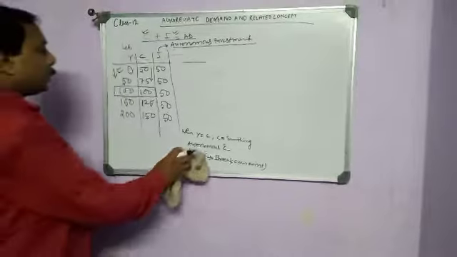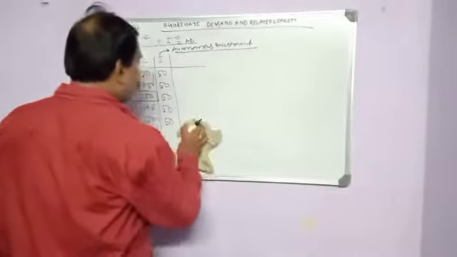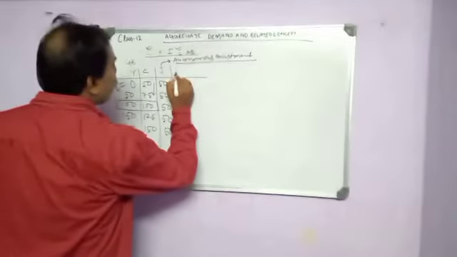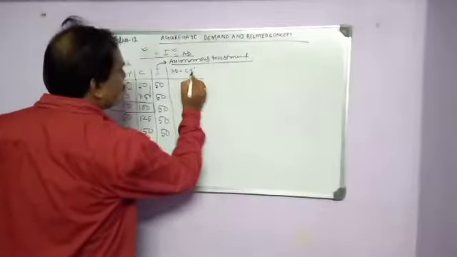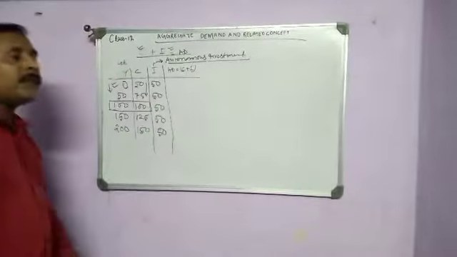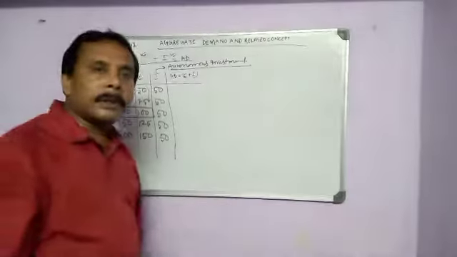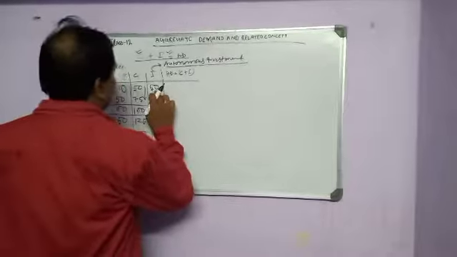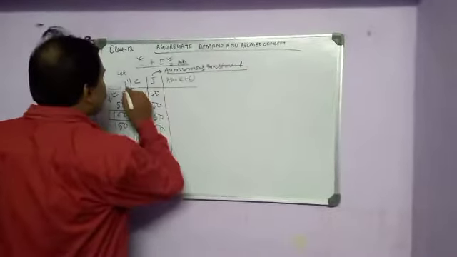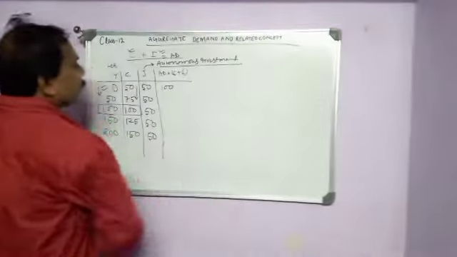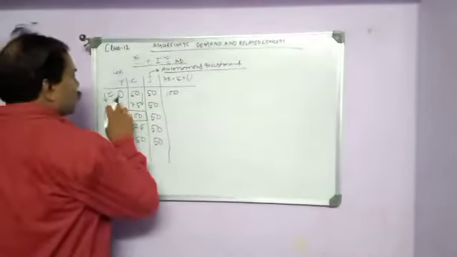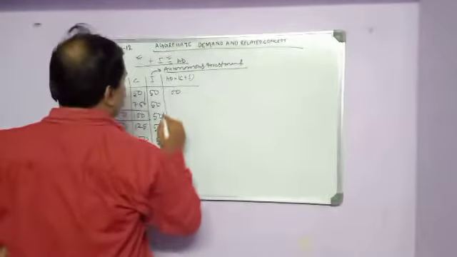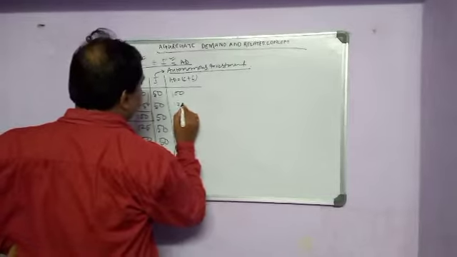Now, come to the next point, that is our topic. Our topic is aggregate demand, and we know that AD is always equal to C plus I, because we will take only the two components to explain this theory. So here C is 50 and I is 50. So at zero level of income, aggregate demand is 100. Next, if the income is 50 crores, our aggregate demand is 125 crore.